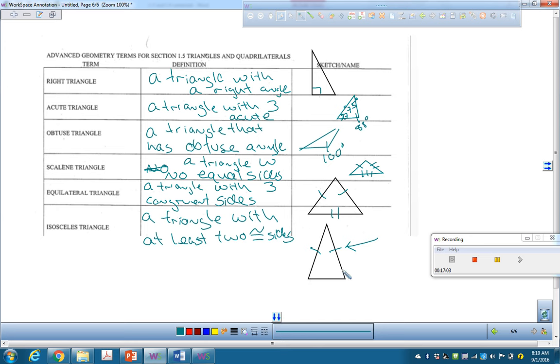This is called the base down here. And these things are called the base angles, the 2 angles opposite the congruent sides. That's a base angle, and this is a base angle.